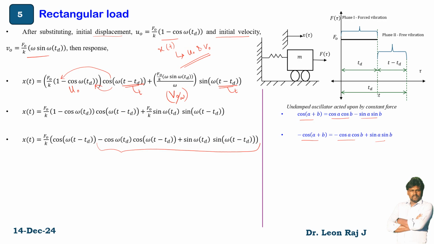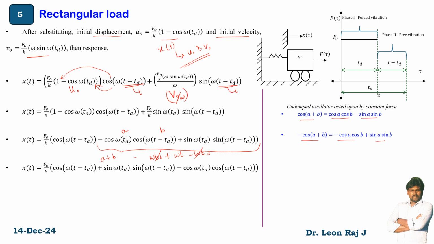In this equation you can see minus cos a cos b. So this is a and this is b. When you use a plus b, omega td plus omega t minus omega td, these two terms get cancelled and you will get a plus b equal to omega t.